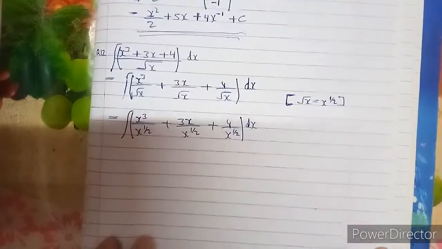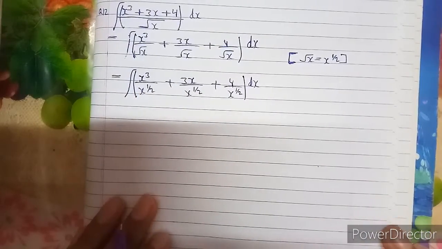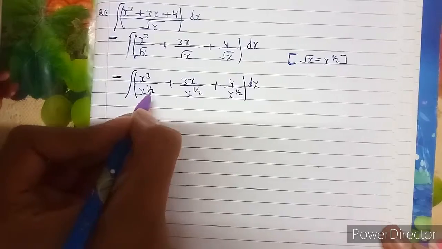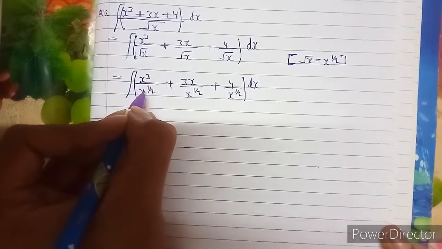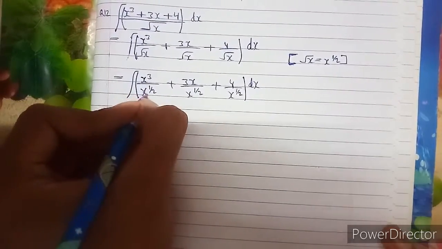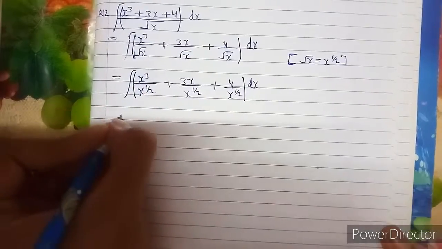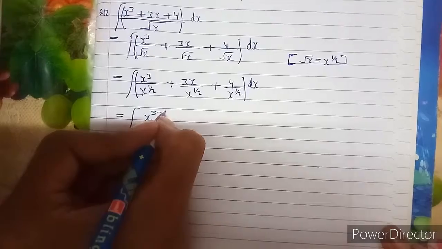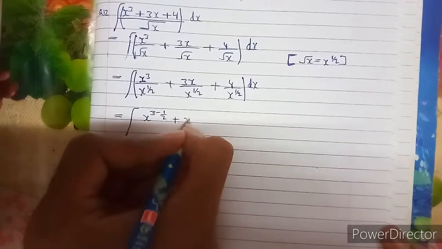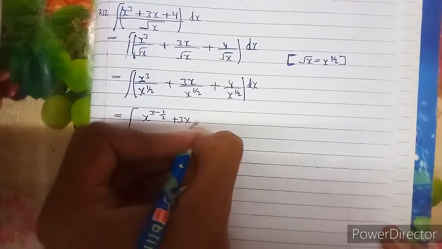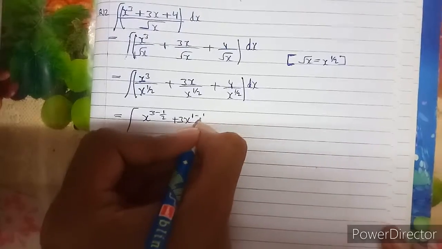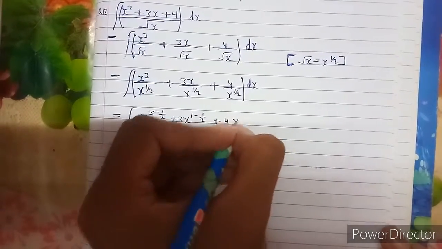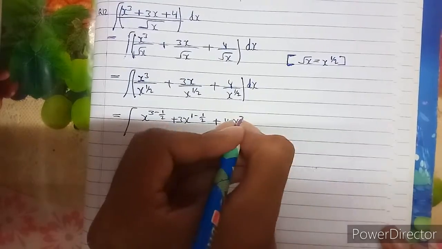Now we have studied one identity, that when the bases are the same, the powers are different, and they are in division, the powers will be subtracted. Applying that, we will get 3 minus 1 by 2, plus 3 is there, 1 minus 1 by 2, plus 4 is there. Now it will become x to the power minus 1 by 2.